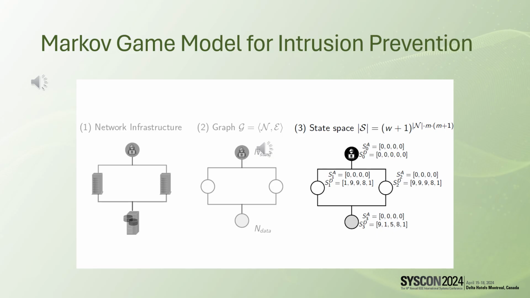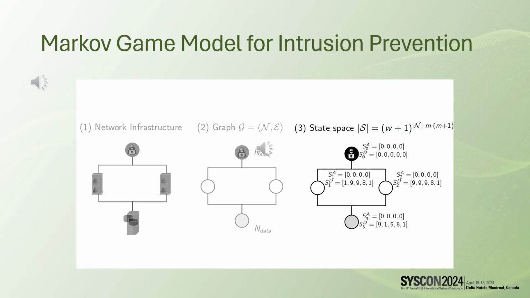Additionally, it depicts several example states, denoted S_A and S_D, which represent states for the attacker A and the defender D respectively, each state represented by a vector of numbers which could correspond to different network variables or conditions relevant to intrusion prevention.